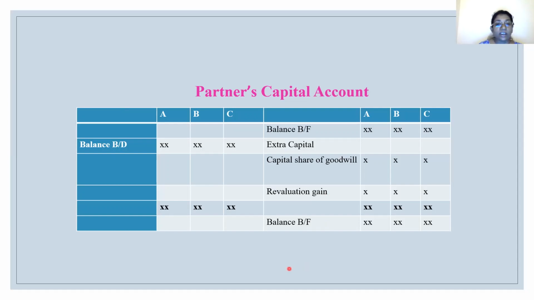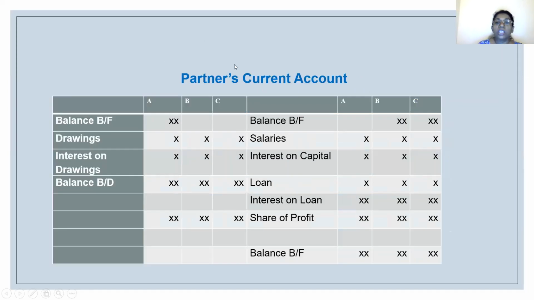So let's see how we are going to record the partner's current account. The structure or format of the partner's current account also belongs to the owners. Therefore, we can see there is a credit balance as well.